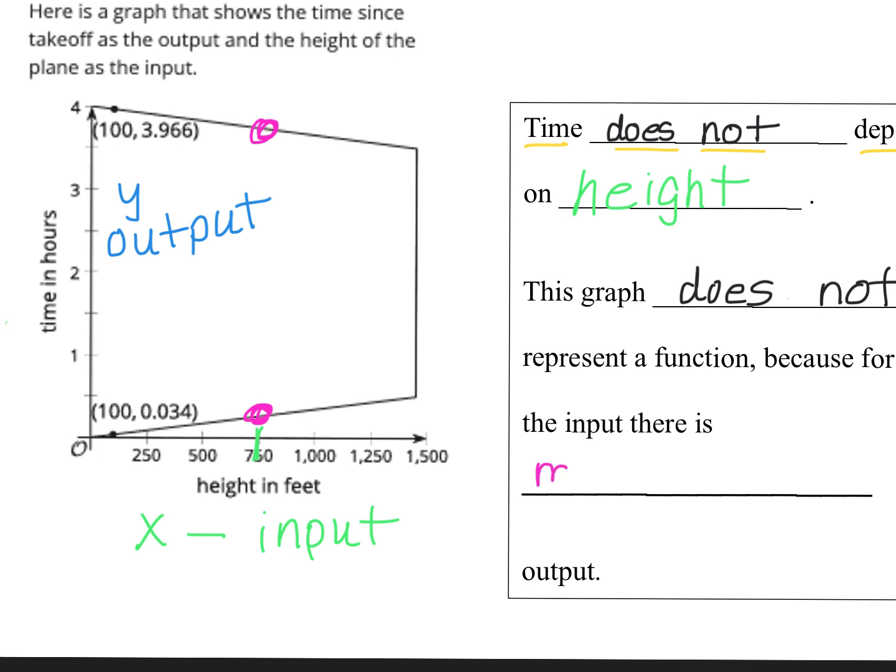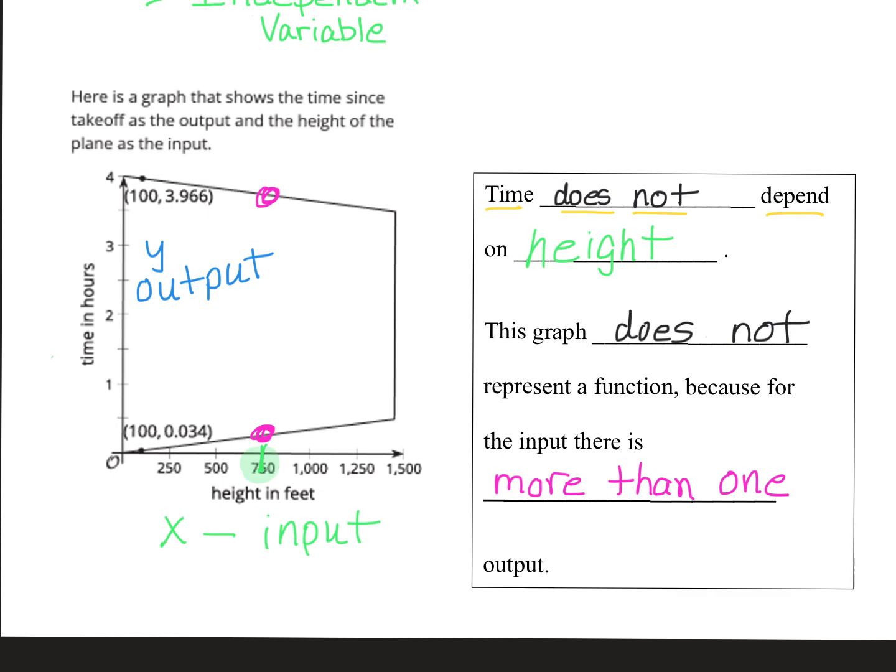So we will say more than 1. So for that input right here, we have 2 different outputs. So that means that it cannot be a function.